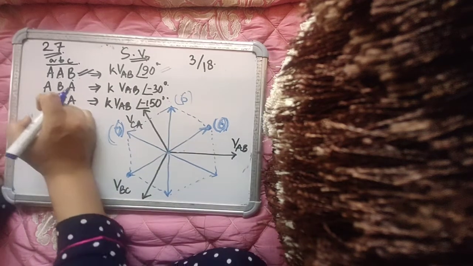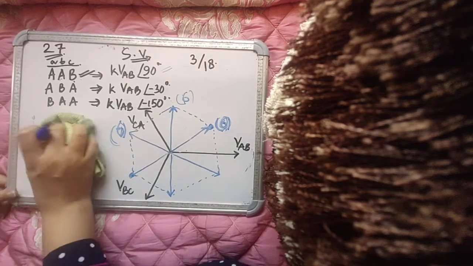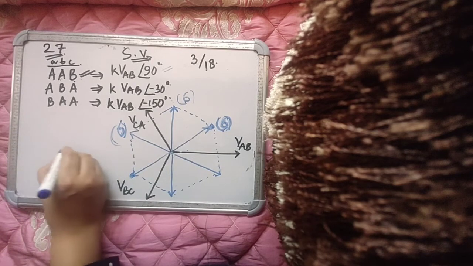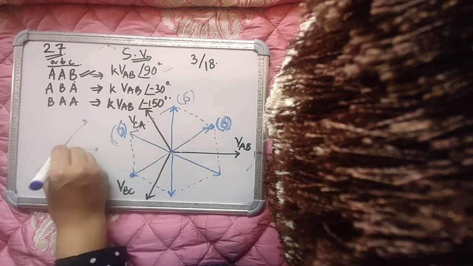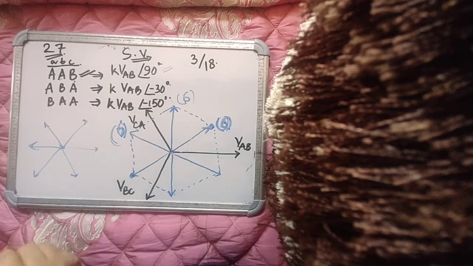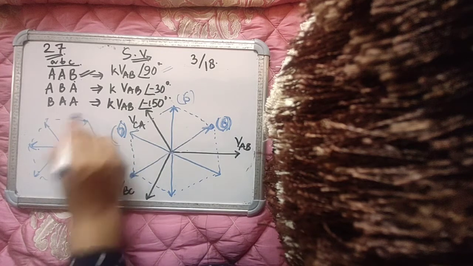And you can also construct a space vector diagram of the source currents of the matrix converter. So you will have another space vector diagram constructed for the source currents. Now you have two space vectors running parallelly, right?